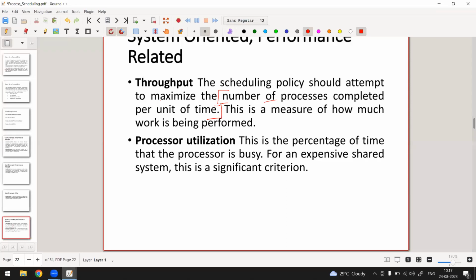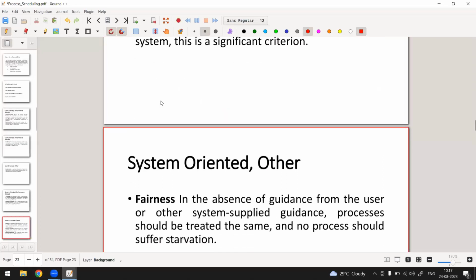You should try to maximize the processor utilization. Ultimately it means that your processor should be as busy as possible. It should not be free. So that is the second criteria which you should aim for.